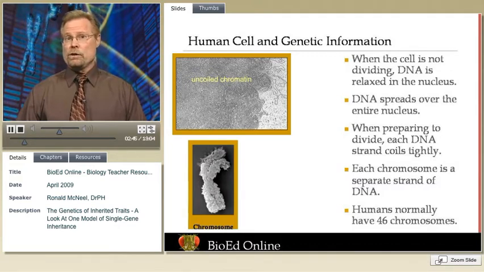But when a cell is preparing to divide, each DNA strand coils tightly to form a chromosome, which can be seen through a light microscope. Keep in mind that each chromosome is a separate strand of DNA. Since there are normally 46 strands of DNA in the nucleus of most human cells, it is logical that we also have 46 chromosomes.